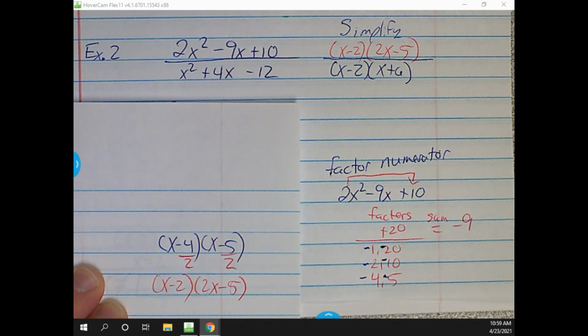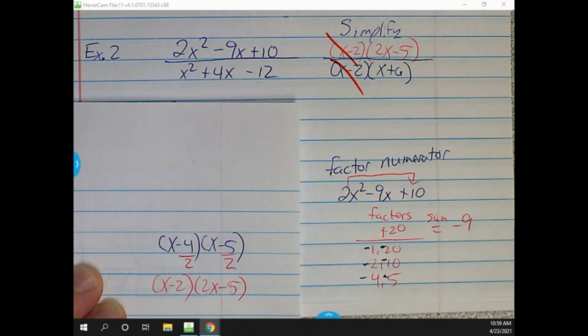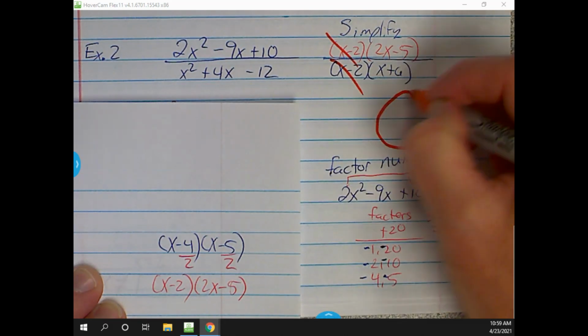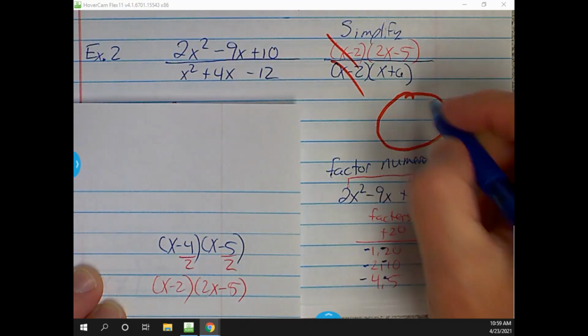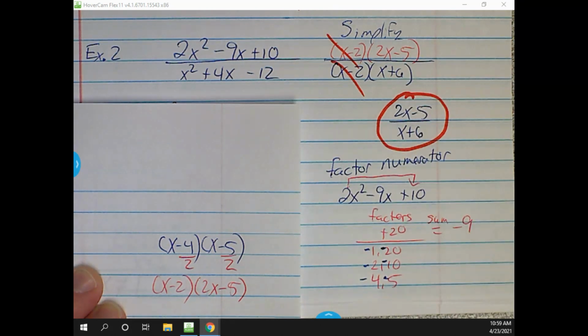Okay, so we factor the denominator, we factor the numerator. Once you factor everything out, then anything that's in common, you get to go back through and just cancel that part out. We're left with 2x minus 5 over x plus 6, and that would be the final answer.